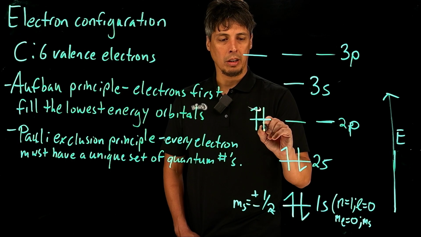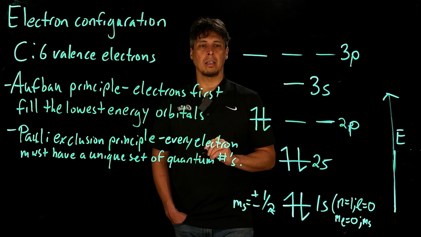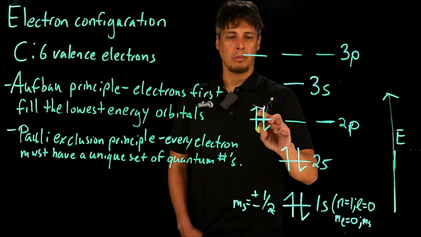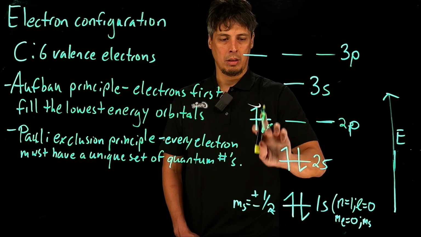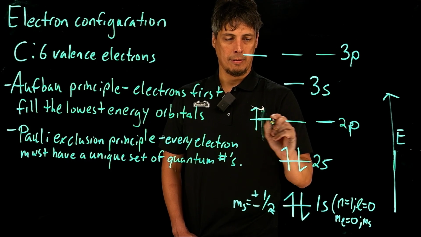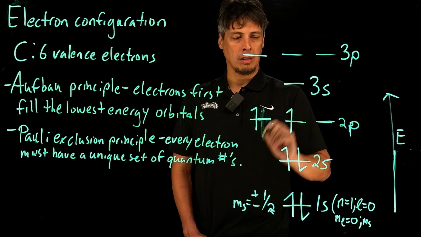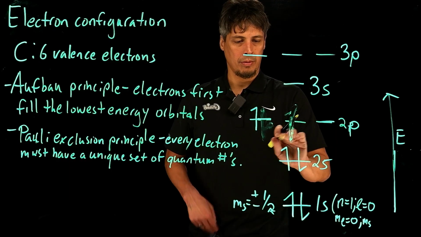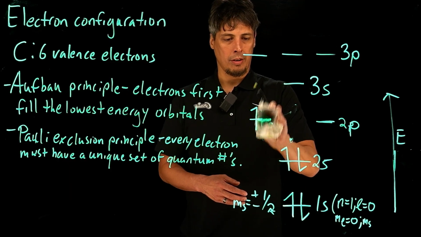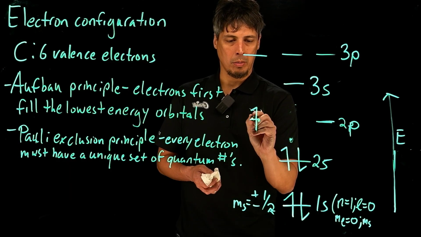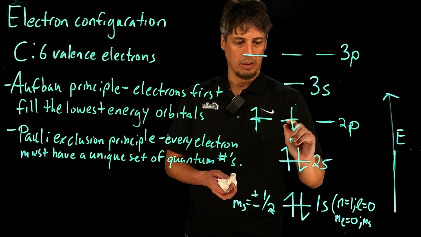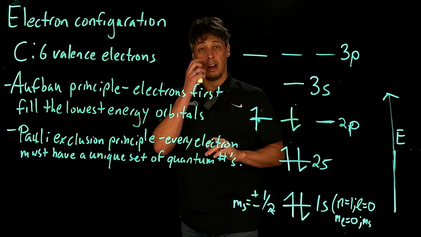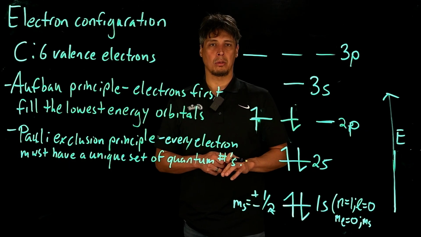We could put the electrons here, like this, so it fills one of the p orbitals, or we could fill them like this, or we could fill the orbitals like this. Each of these would satisfy both the Aufbau principle and the Pauli exclusion principle.